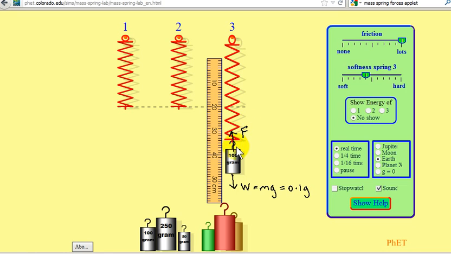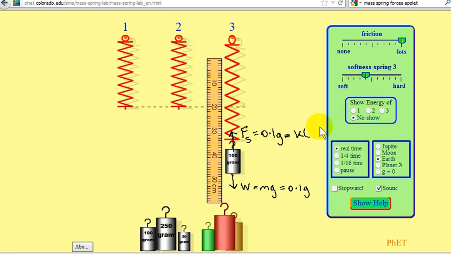So this force here is the force due to the spring, F sub s. It must be equal to 0.1 g. Now by Hooke's law, the magnitude of the spring force is equal to a constant called K, also known as the spring constant, which depends on the material in the spring, multiplied by the extension of the spring from the spring's original position, which was at the 20 centimeter mark.